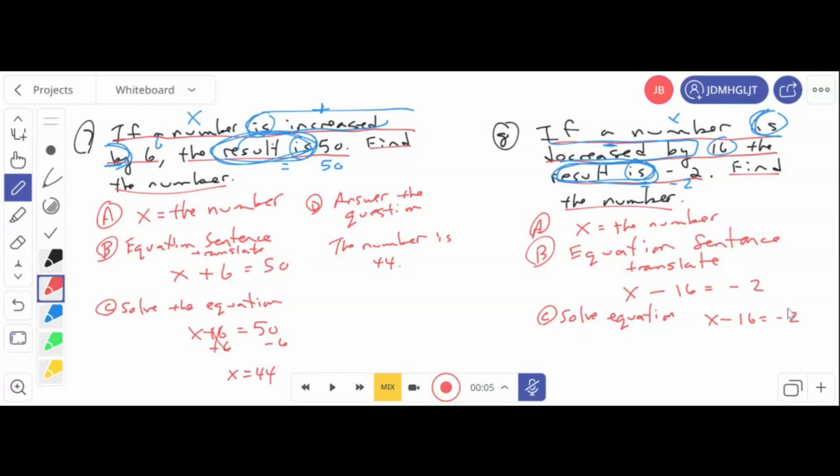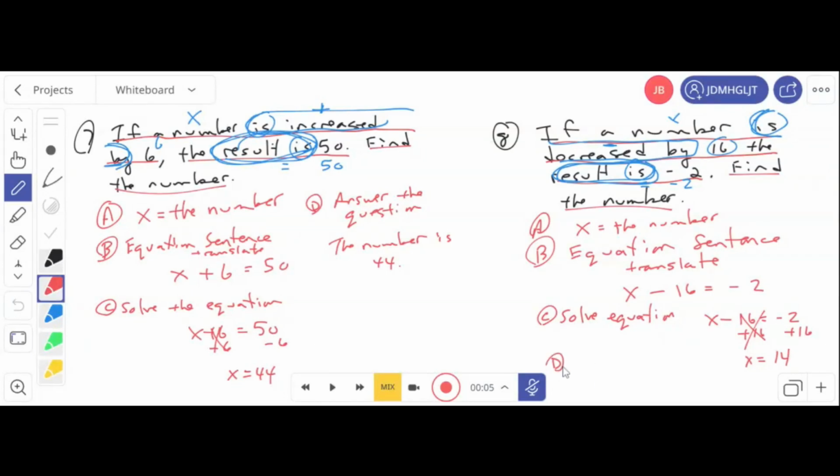No parentheses, no like terms to combine. We don't have variables on both sides. Step 4, stop and look to see that there's only one variable term. There is. Now we can undo addition or subtraction. -2 plus 16 is +14.